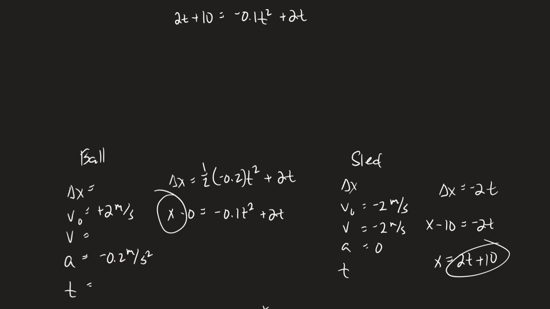Now, clearly I can subtract 2t from both sides, and that goes away completely, and I get 10 equals negative 0.1 t squared. And you're going to notice something pretty important here. There is no answer.